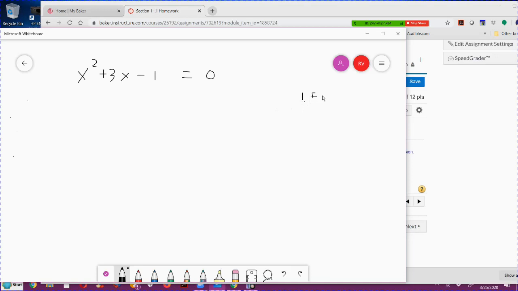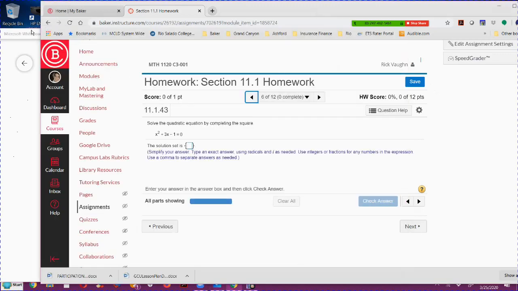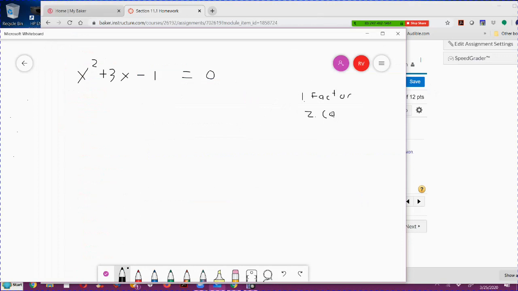This one doesn't factor, and factoring doesn't help you if you have complex roots. You can do the one that we're going to use here. They ask us to complete the square, so we're going to complete the square. So we'll just make a list over here: complete the square. Or in general, you can use the quadratic formula.